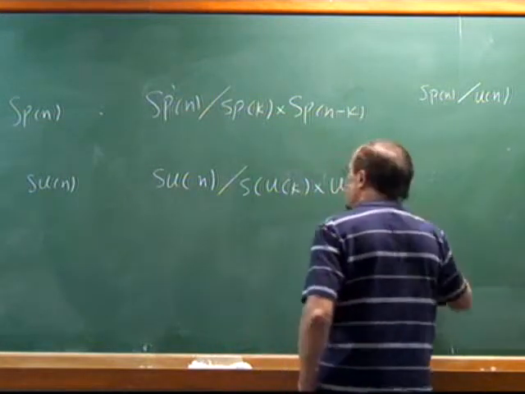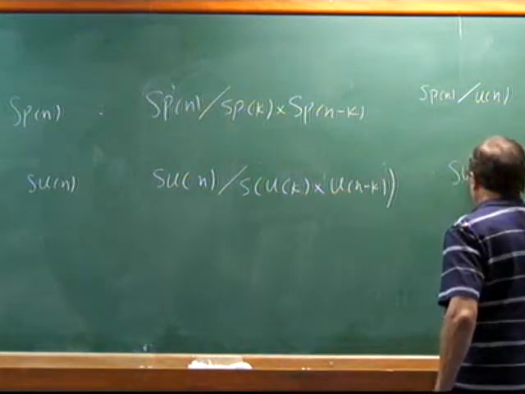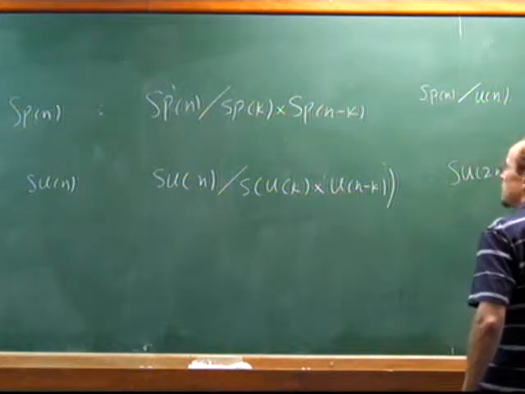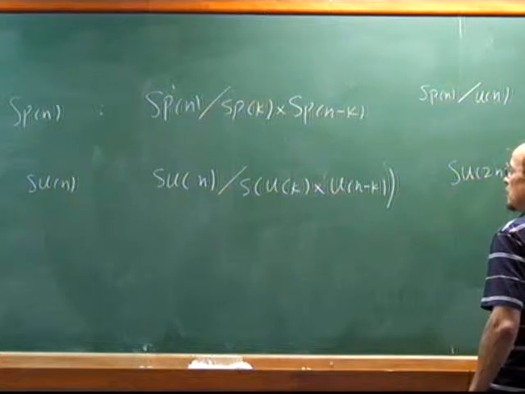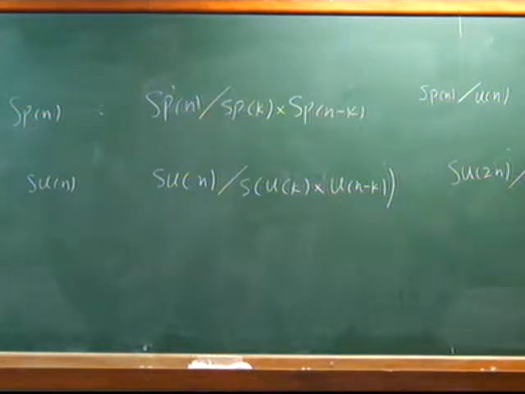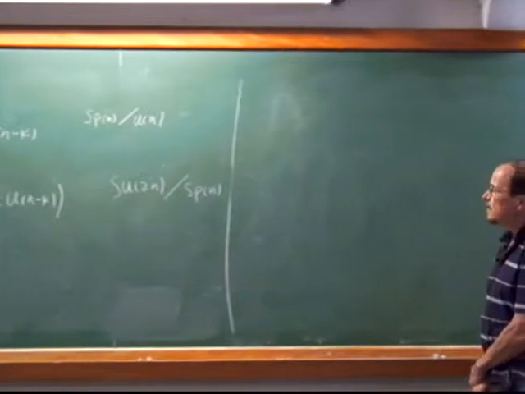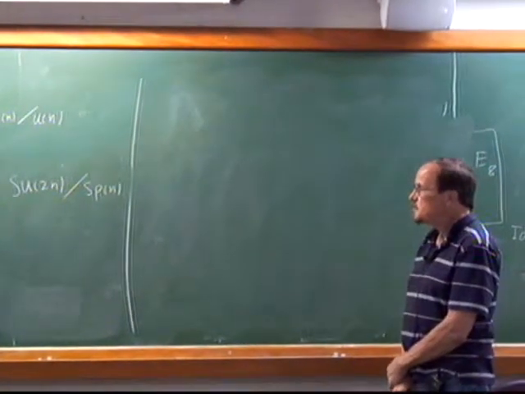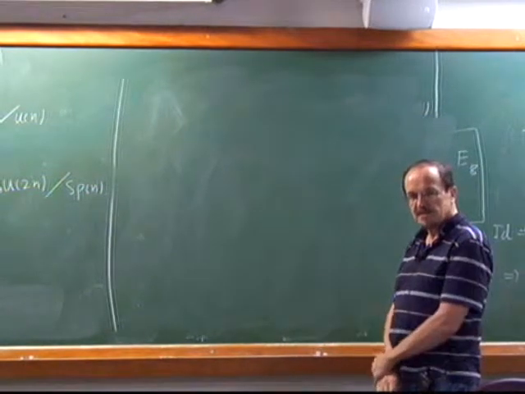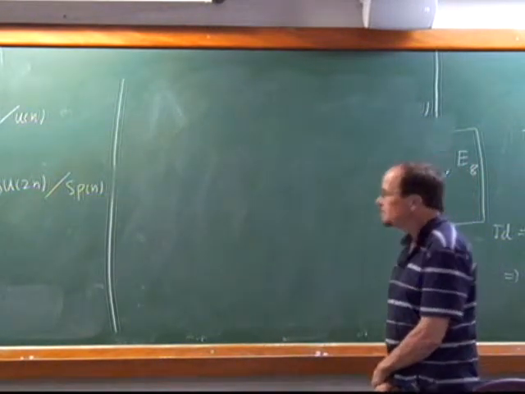That's one possibility. And the other one is SU2N mod SO, sorry, SU2N mod SPN. Remember, SPN sits inside SU2N. And in fact, when we talked about the symmetric spaces, this was a complete list. And now we have proof that there isn't anything else when G is classical.